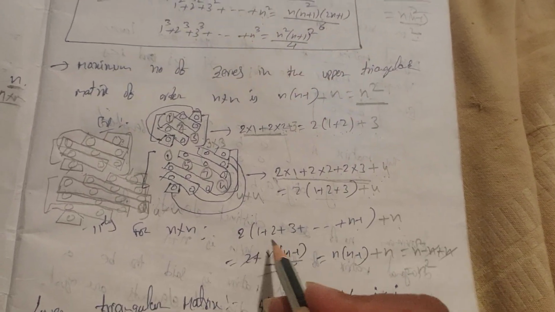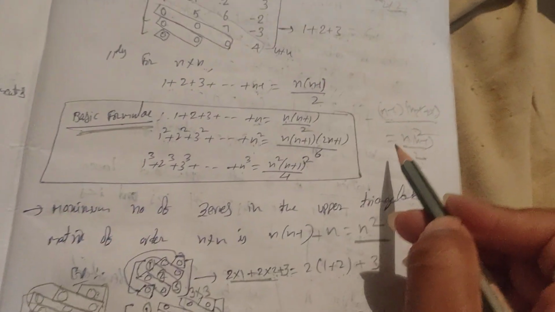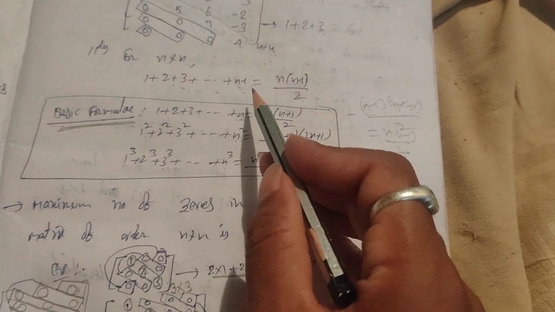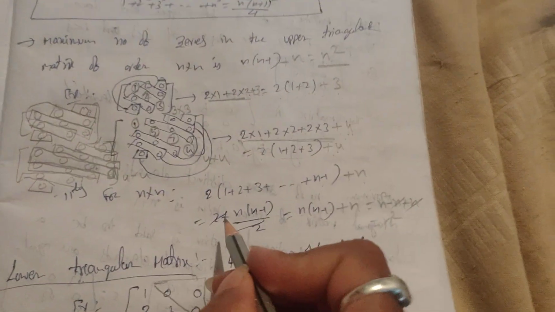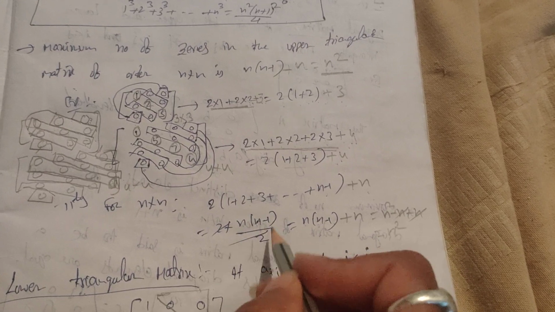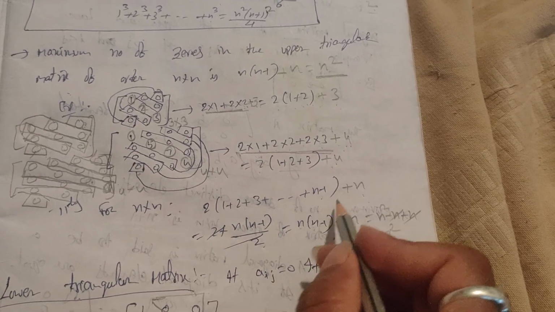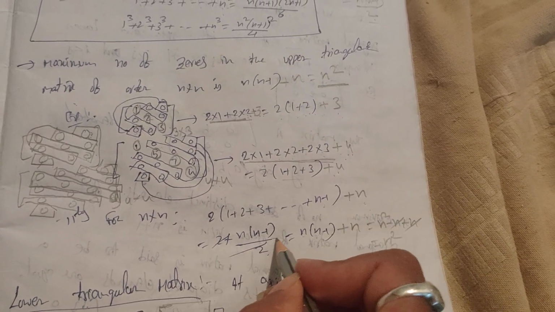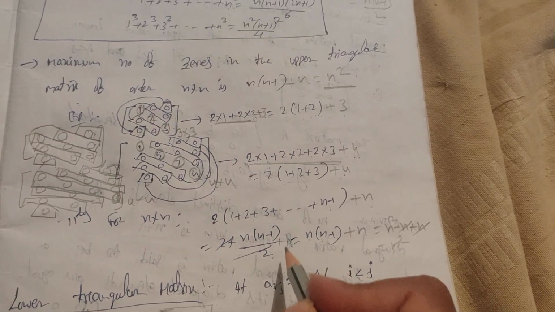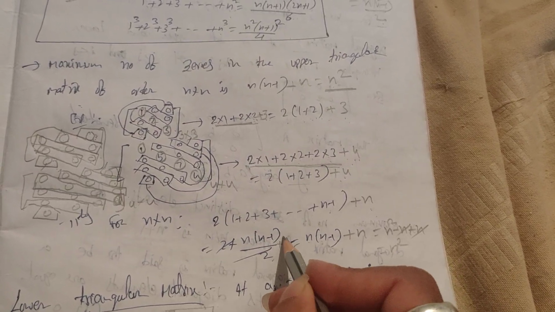This 1 plus 2 plus 3 plus up to n minus 1, already I simplified here, is n into n minus 1 by 2. So 2 into n minus 1 by 2, plus n is there.